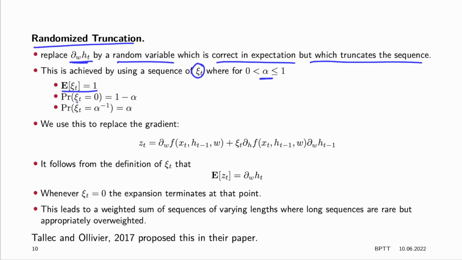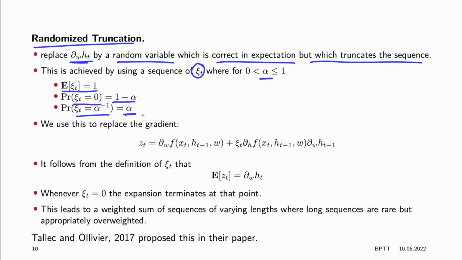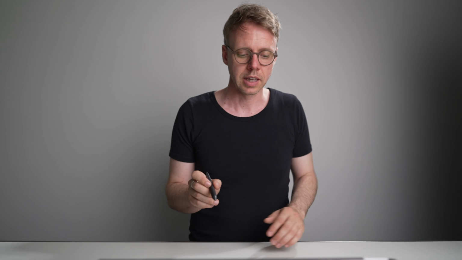We have a probability that ξ_t equals 0, and this happens with a probability of 1 minus alpha. And we have a probability that ξ_t equals 1 divided by alpha, so that it takes a value that is larger than 1, with a probability equal to alpha. So you can think of it as flipping a coin: with a probability of alpha, you accept the value 1 divided by alpha, and if that event doesn't happen, you set the variable to 0.